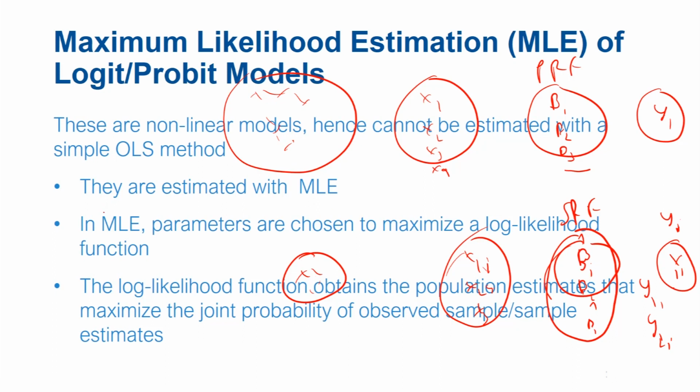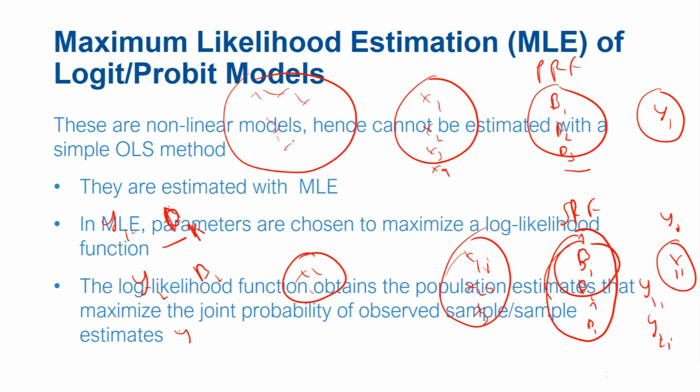Now, for each observation yi, we have a set of parameters. Let's call the entire set a beta vector, a vector of parameters, beta k vector. And for observation y2, we have a different vector, beta 2 vector, and so on.